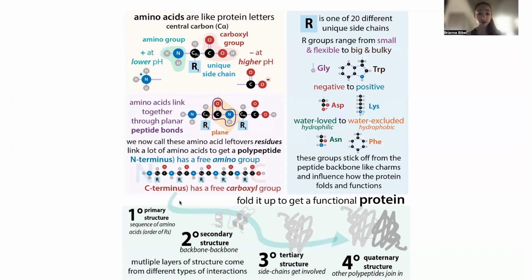And the primary structure is going to influence the other levels of structure, starting with the secondary structure. So in the secondary structure, although we're just talking about interactions involving the backbone, which is the generic part of the amino acids, the primary structure is still going to come into play because it's going to influence how that backbone can rotate and therefore what interactions it can form.